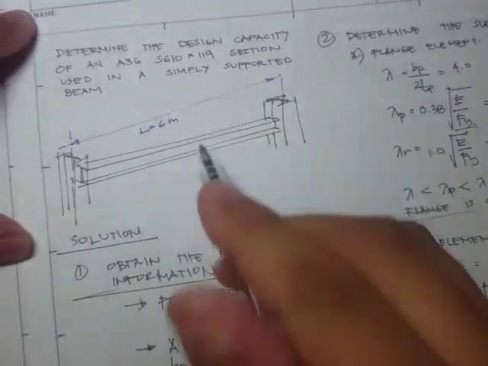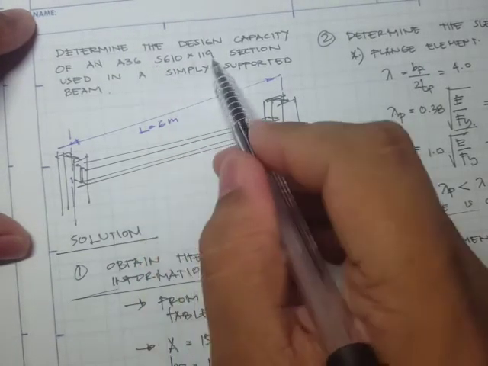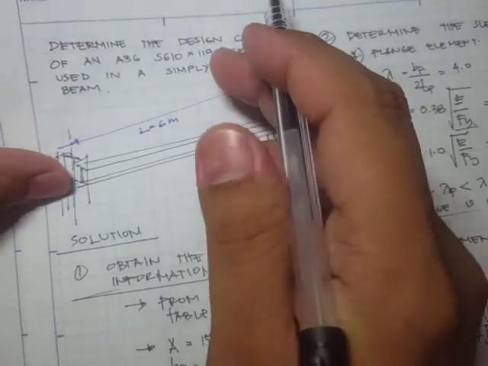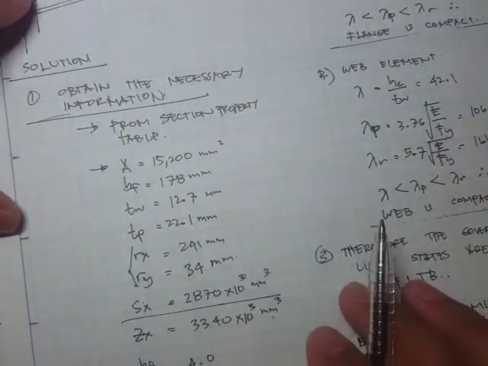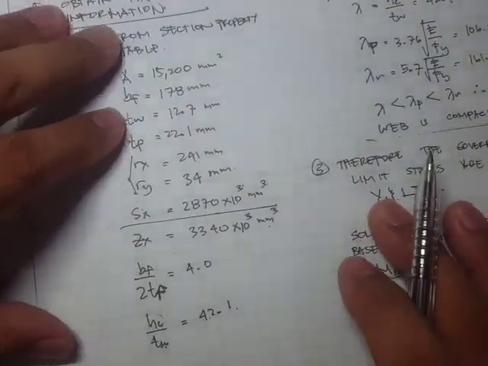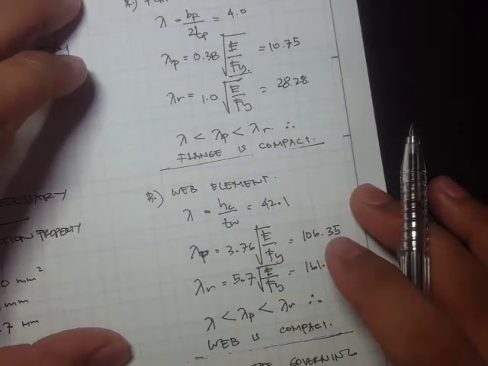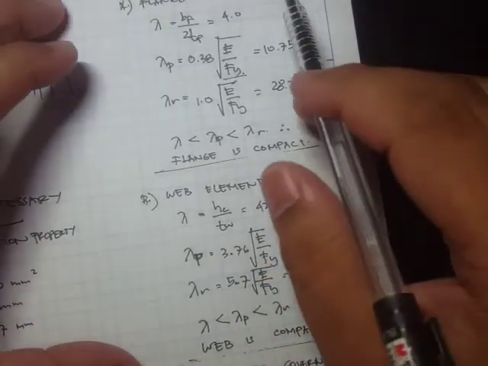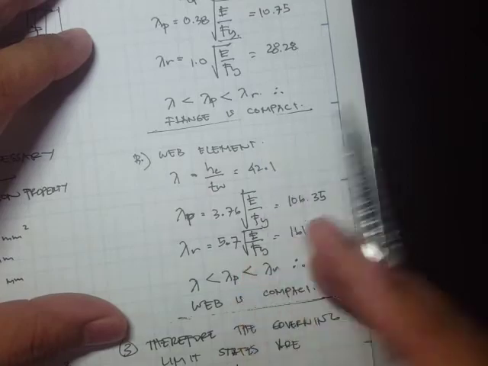Since this is an analysis, meaning that the section is given, so we know the dimensions, and what we'll solve is the capacity of that section. So we obtain the values needed, and then we check the width to thickness ratio, so that we can determine if the flange element is slender or the web element is slender.